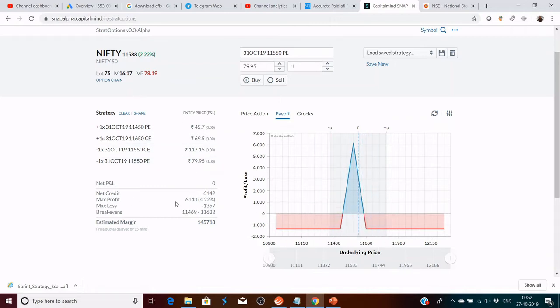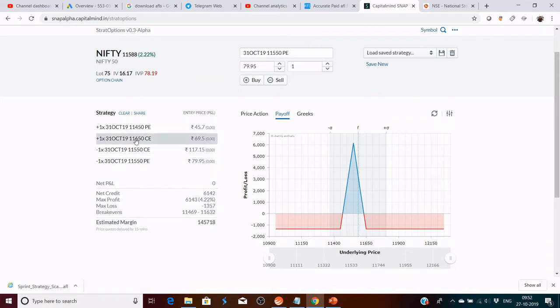So how do we make an adjustment? As you can see, we have sold the 11,550 call and 11,550 put, and we have bought the 11,650 call and 11,450 put. Now say the market is moving in this direction and is going to cross our 11,632 mark, which is our break even.